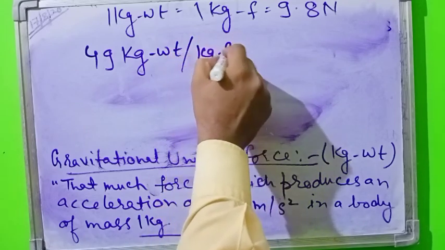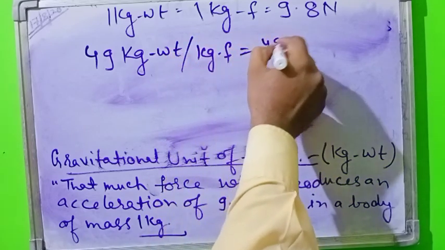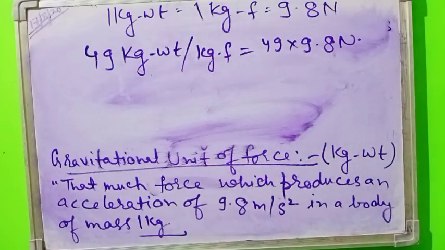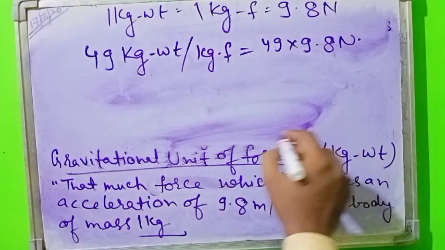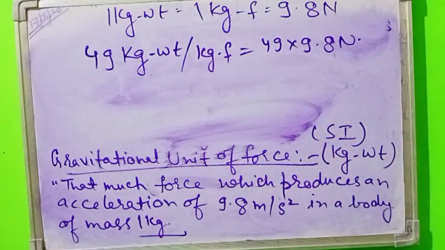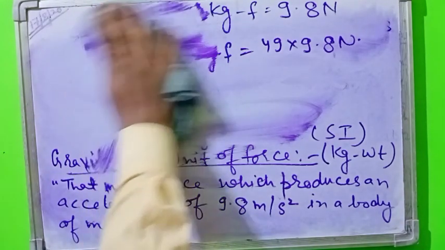In numericals, it means, for example, 49 into 9.8 Newton. In this way you can express it. Now this is the SI unit of gravitational force, that is kg weight. Now in the CGS system, what is the gravitational unit of force?